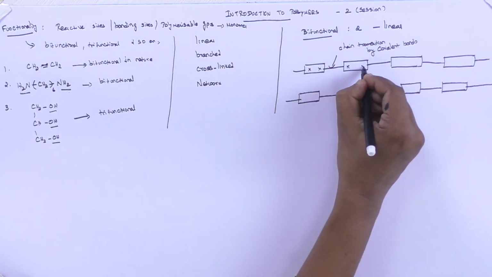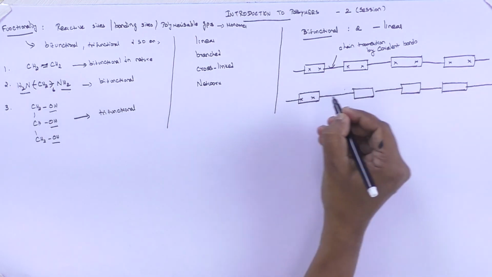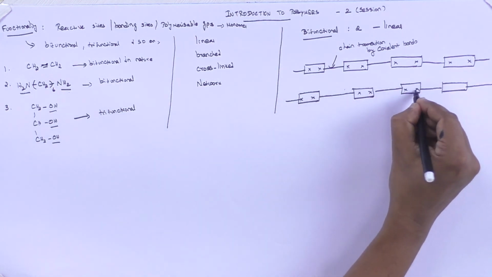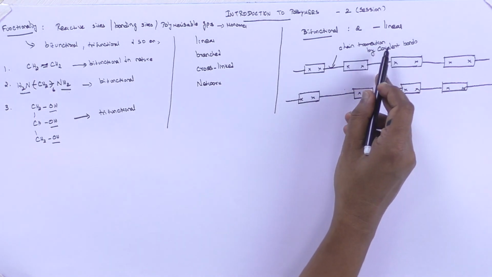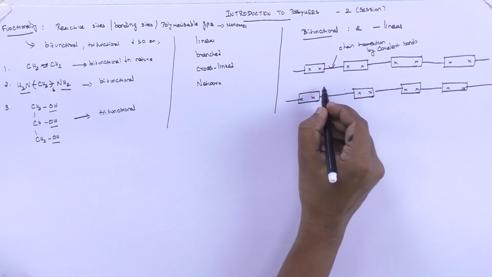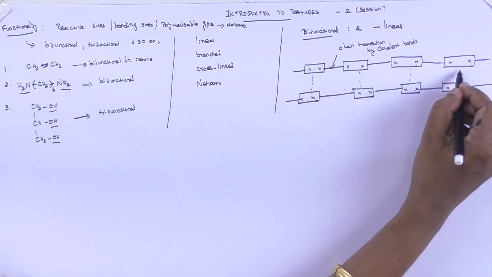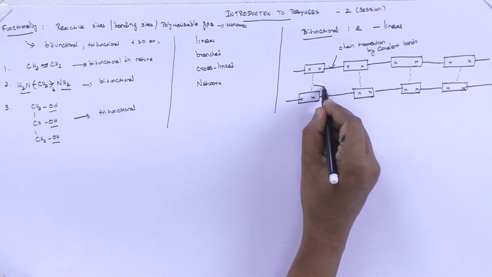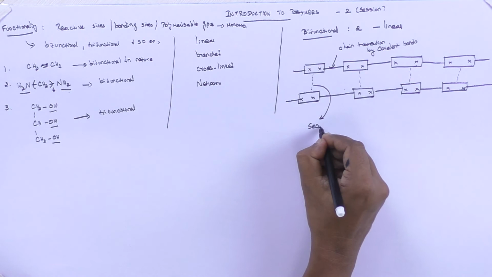This is a monomer. This cross represents carbon. So, chain formation by covalent bonds, and here each and every chain is linked by means of secondary van der Waals forces.